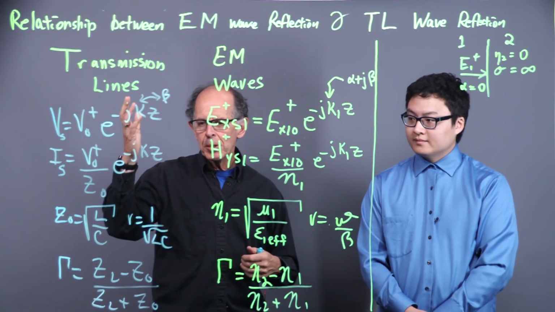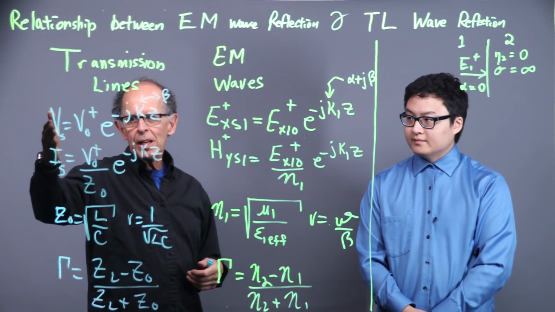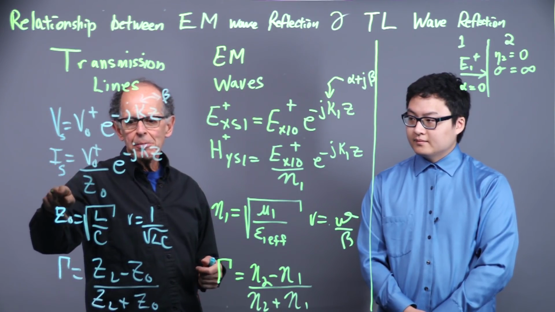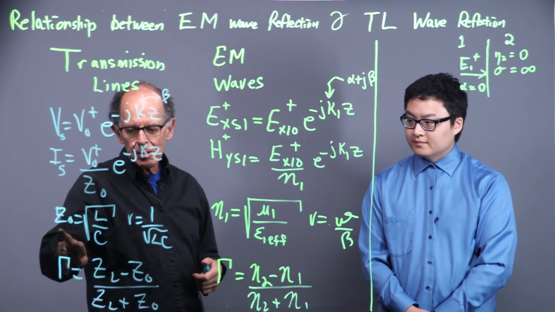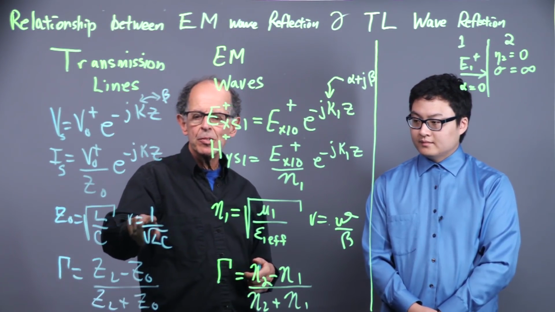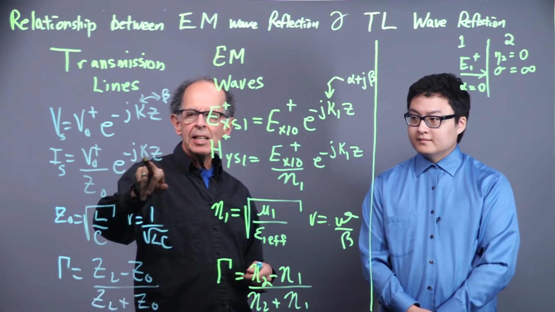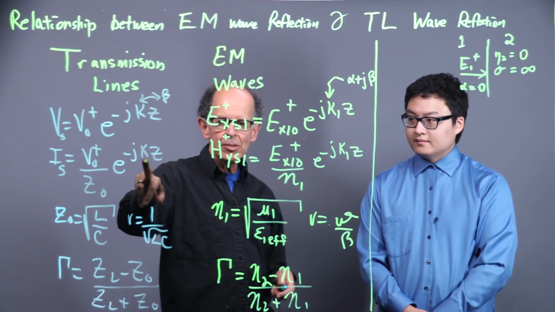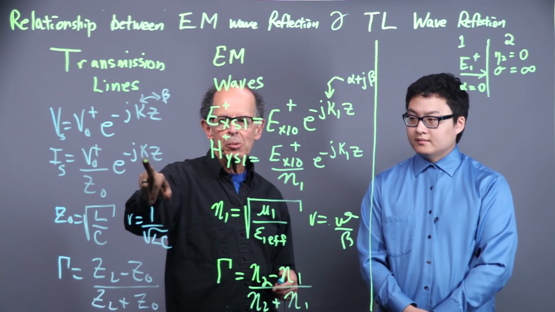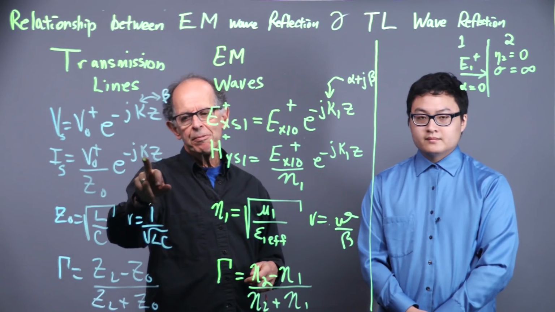So let's quickly review T-lines. We wrote the transmission line equations. I don't have to say them. You can read them. The characteristic, intrinsic impedance, square root of L over C. V is equal to 1 over root LC. We did the case for K being complex in general, but most of our work, especially for transmission lines, was done only with the phases.